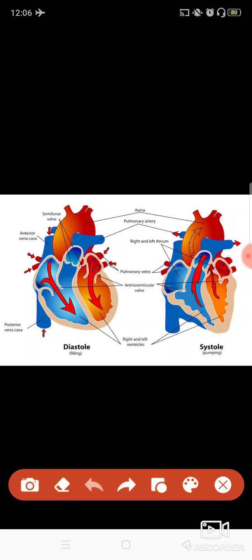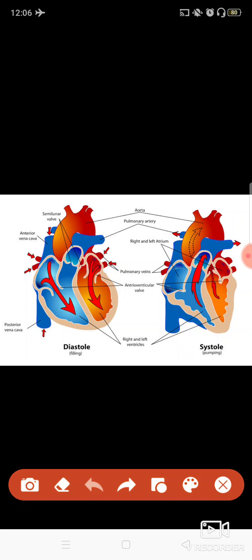During the systole phase, that is the contraction phase, when the walls push inside, then the blood which is filled by the diastole will move to the pulmonary artery or the aorta, and for distribution, when it is going to the aorta, it will be distributed to the body. When it is going to the pulmonary artery, then it will go into the lungs.